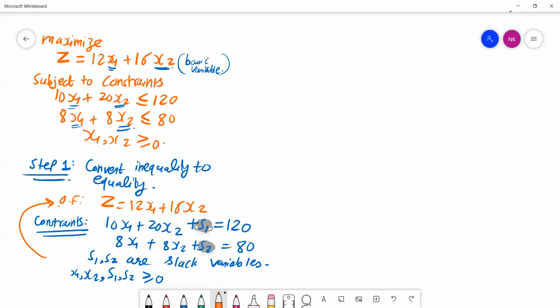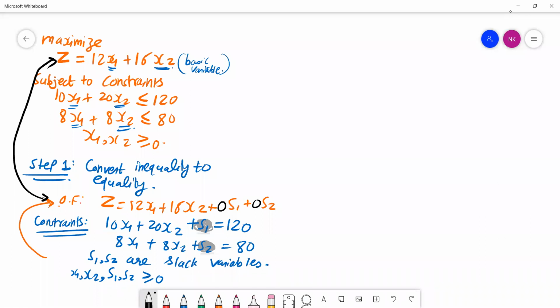Now, since you have added S1 and S2 in your constraints, you need to add them to the objective function also. If you compare both, this was the original objective function and this is the modified objective function with the slack variables, and they will be different. The objective function can't be different, so we have 0s1 and 0s2, meaning we are multiplying with 0.